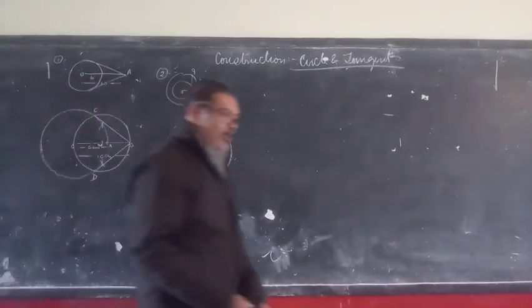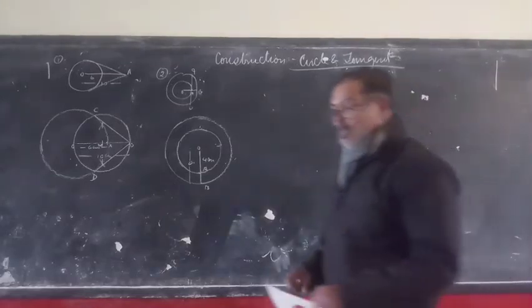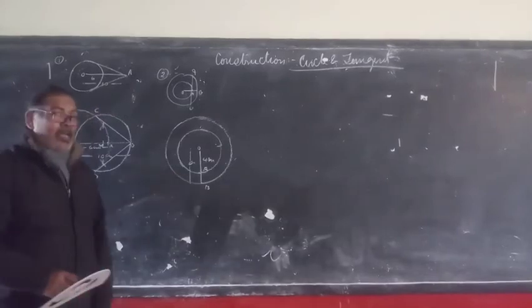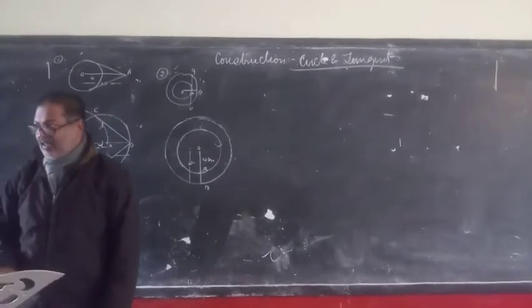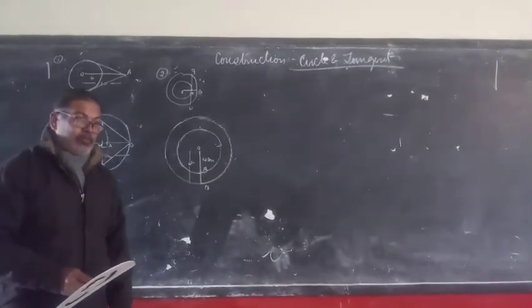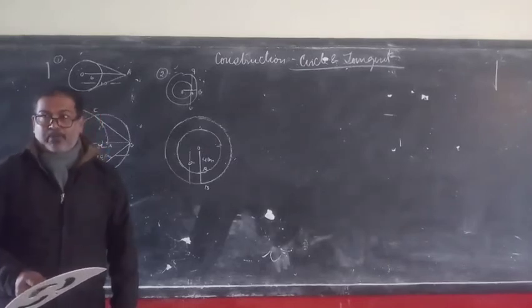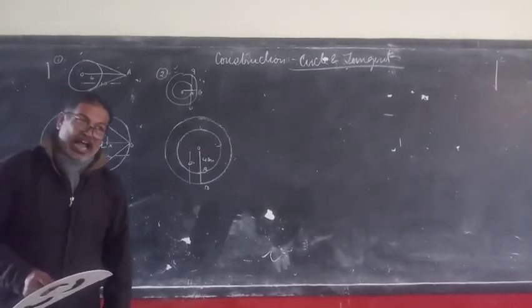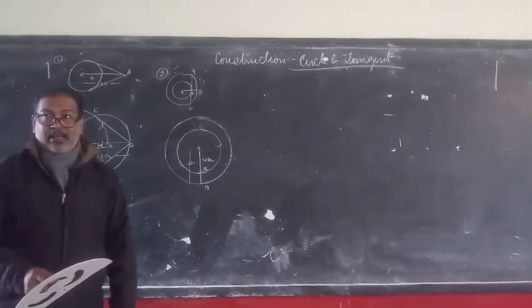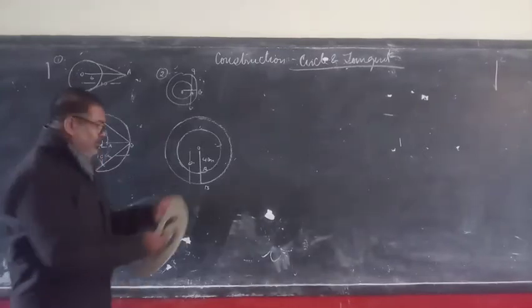Now take protractor in your hand. At A you have to make an angle of 90 degree. Why 90 degree? We take this with the help of theorem 1. What theorem 1 tells us is that the radius is perpendicular to the tangent at the point of contact. So at the point of contact, if I make an angle of 90 degree, obviously that line will be the tangent.